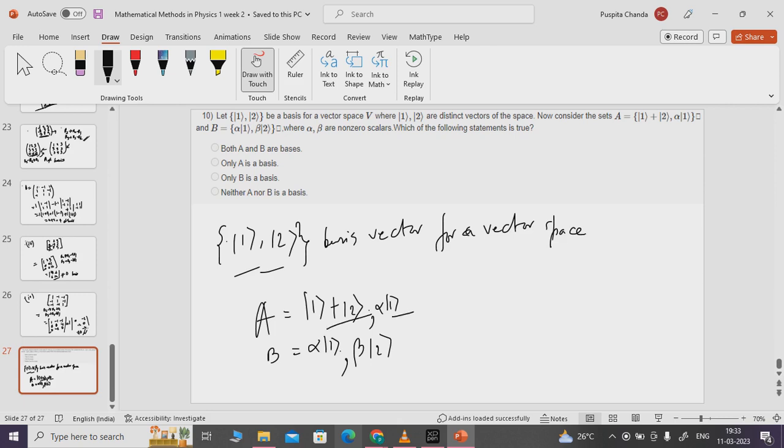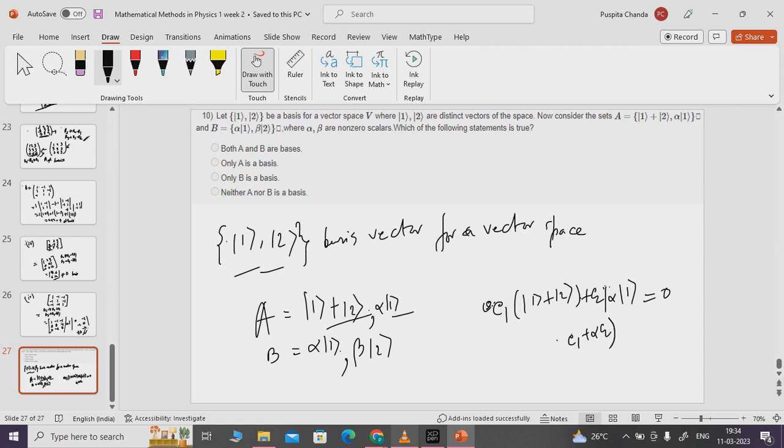So basis means they have to be linearly independent, nothing else. Take C1 times (v1 plus v2) plus C2 times alpha v1, and set it equal to 0.